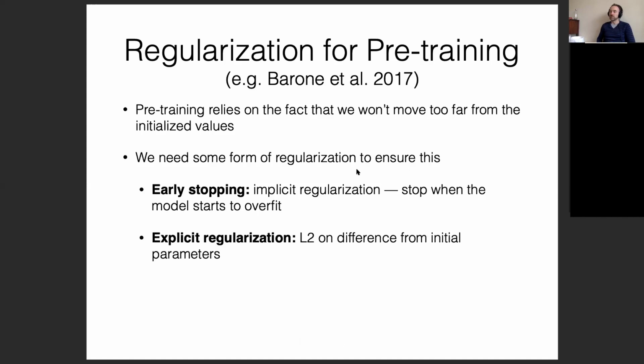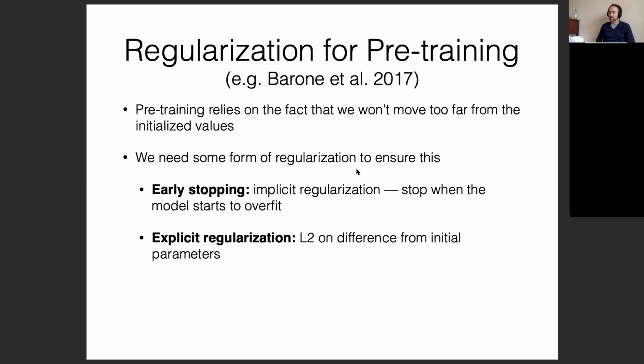Another more explicit way to do this is to have L2 regularization, or any sort of explicit regularization, where we penalize the difference from the initial parameters. A good thing about this is that it explicitly pushes you back towards the original parameters.